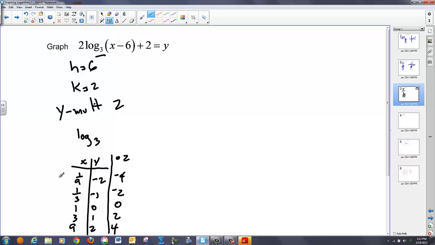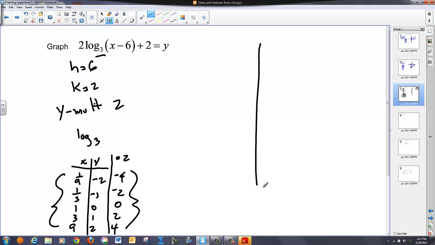And I'm going to graph all my x values in this column with all my y values in this column here on a new translated origin. So I'm going to move over 6, up 2, put my translated origin right there, and from that crosshash, I'm going to take and graph the points in that chart.